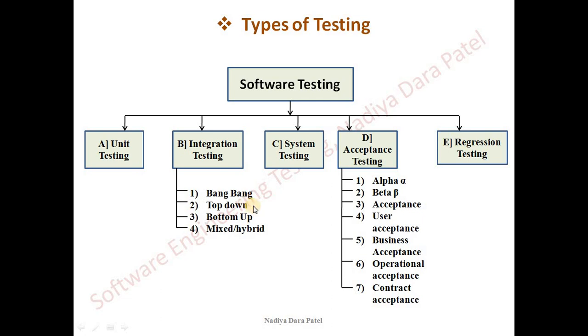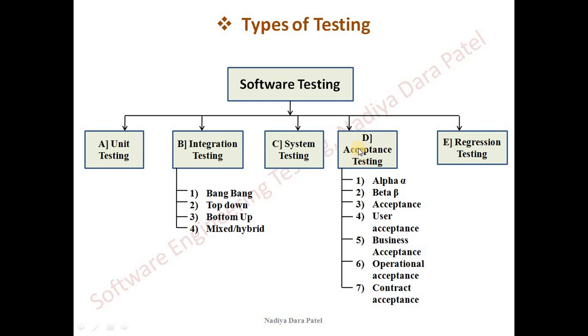So if the software development is under a top-down approach or a bottom-up approach, you will perform any one of them. Finally, we have mixed or hybrid. This is a combination of top-down and bottom-up. You just mix and match, pick both together and perform your testing.